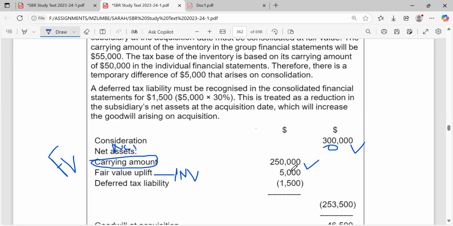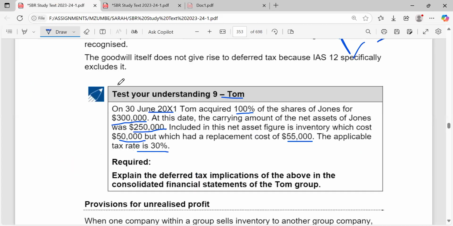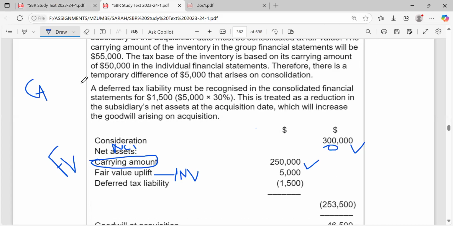So what you do now, for the deferred tax asset and liability, you have to include that deferred tax liability. Because remember, you have an asset now. As for inventory, the carrying amount was at 50,000, and now 55.